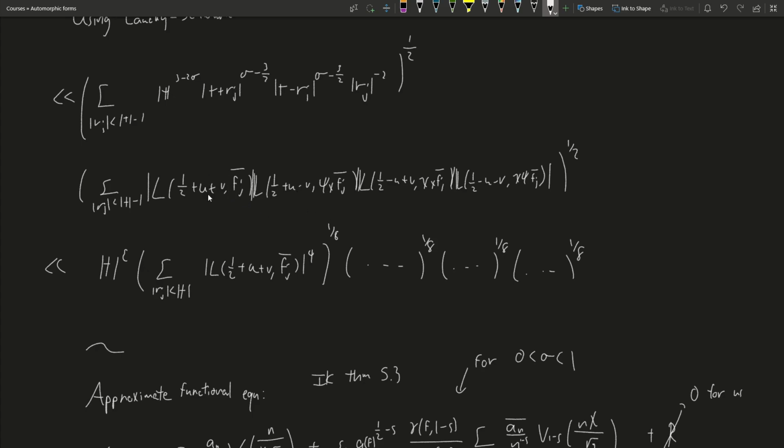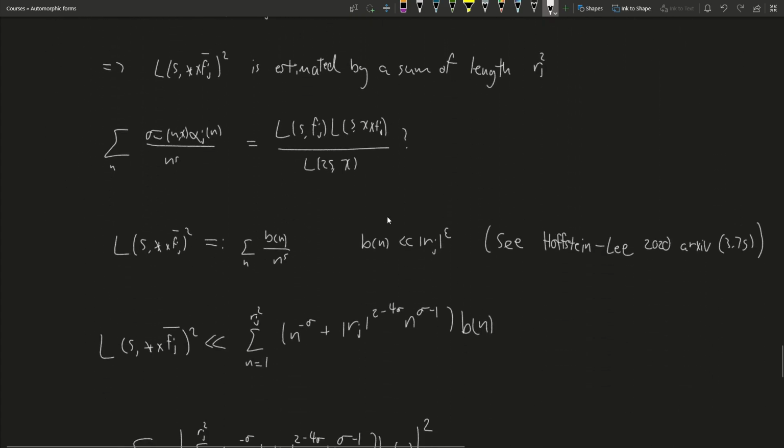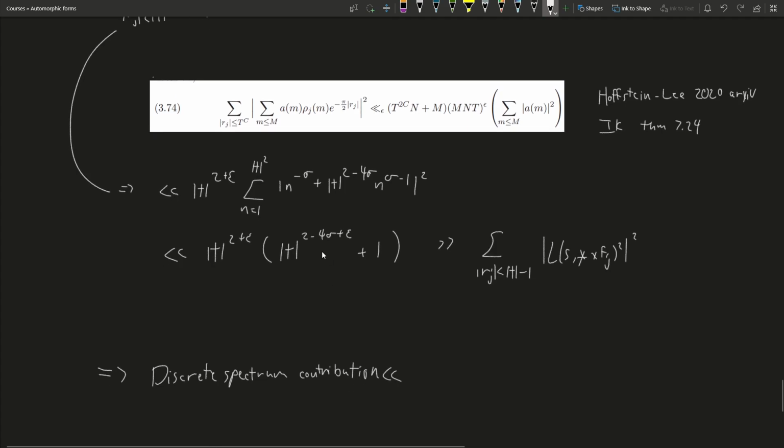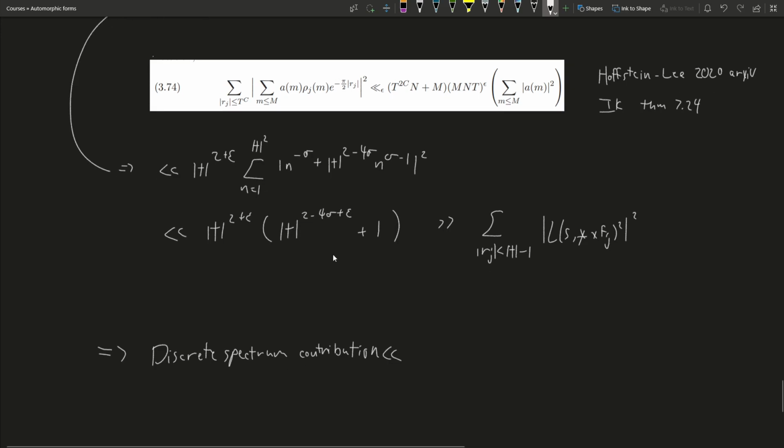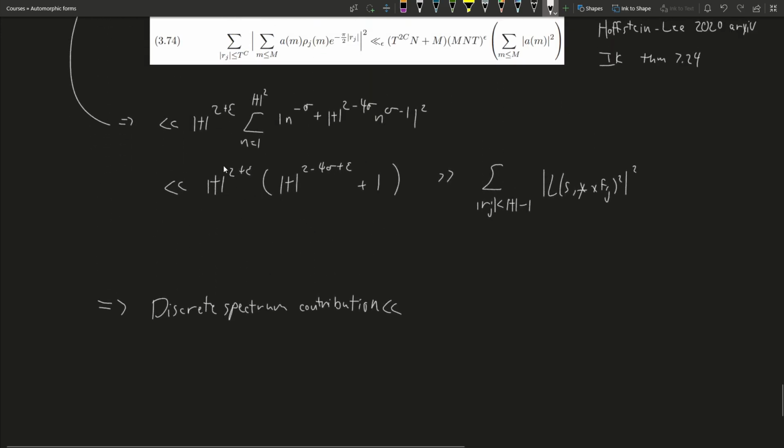So this term is going to contribute, but for those terms, this part here, this t to the 2 minus 4 sigma, those are going to be smaller than just 1, right? Because we're subtracting off, sigma is going to be greater than 1/2. But then for the other two terms, we're going to have this factor be the dominant one. So we had this to the 1 over 8 to the 4.